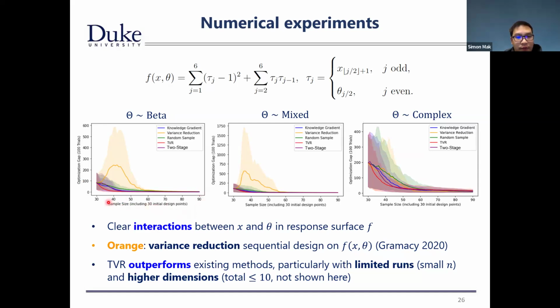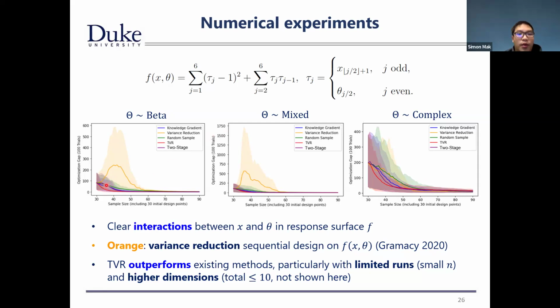Okay. So in terms of these plots here, what you do notice is that, again, our method does the best out of all of these other methods. But in particular, it really outperforms this 2-stage approach, which is in the literature, right? And again, one of the reasons is because these 2-stage approaches really don't define a proper acquisition function and thus ignore interactions between x and theta.